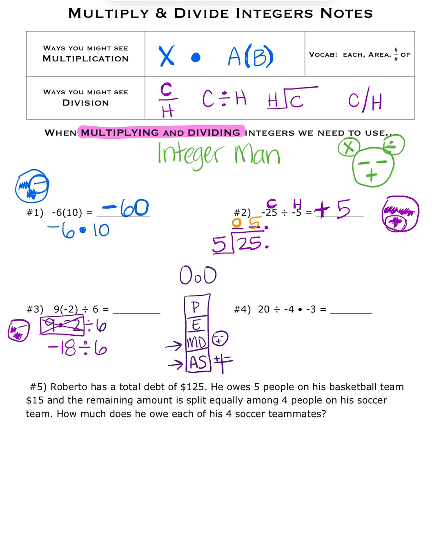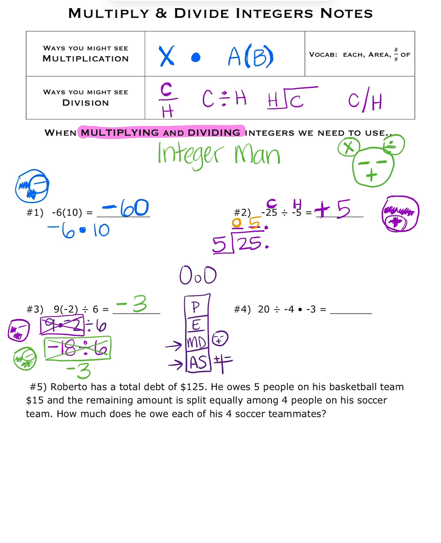Well, I have another division with a negative, so I need another integer man. So I'm gonna say 18 divided by 6 is 3, 18 was negative, 6 was positive, so my answer will be -3 because I'm all done. I did this step and I don't have anything else to bring down.